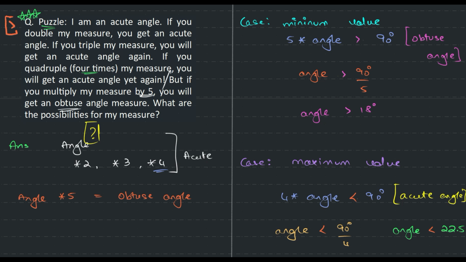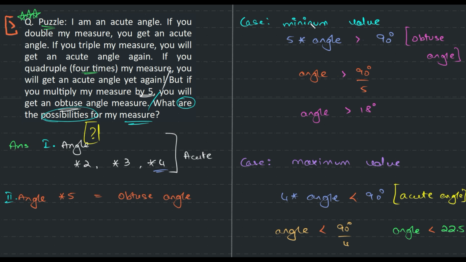So I'll repeat the entire process again. The question asks for finding angles, not one angle, many angles. What are the possible measurements? So the funda is that the first condition is that it has to be acute angle till you multiply 4 times, and if you multiply 5 times, it has to be obtuse.